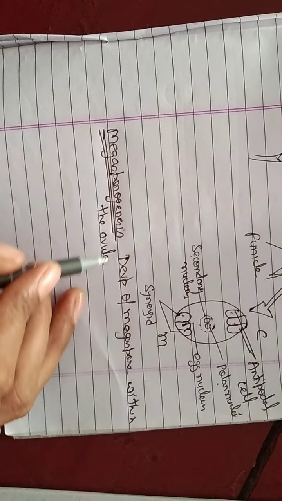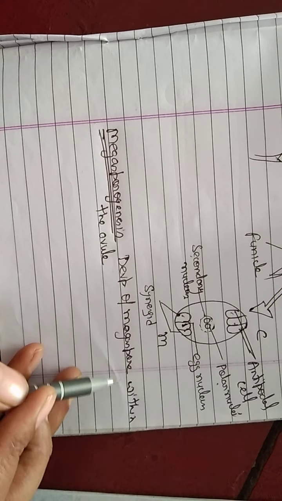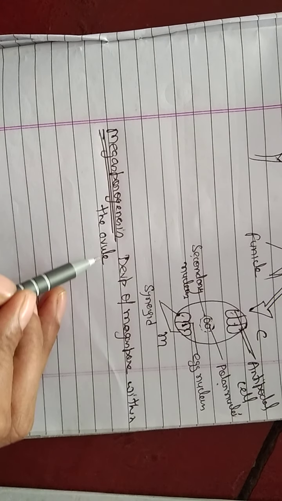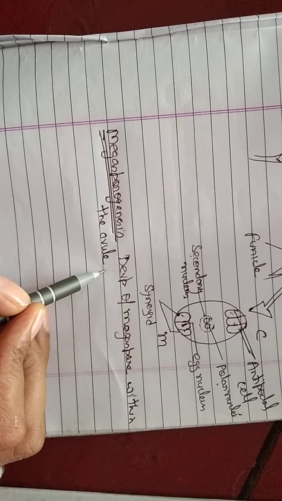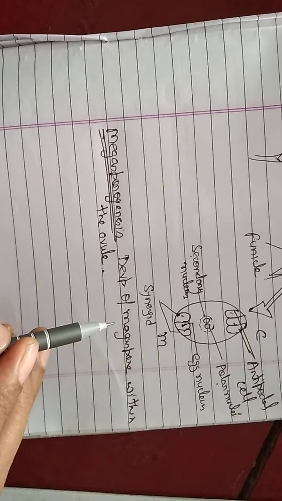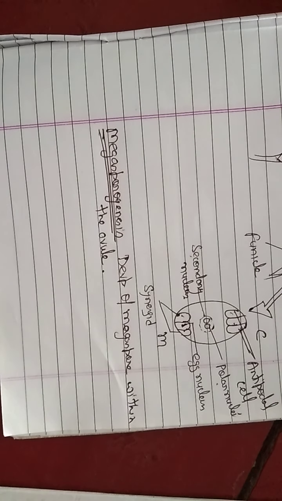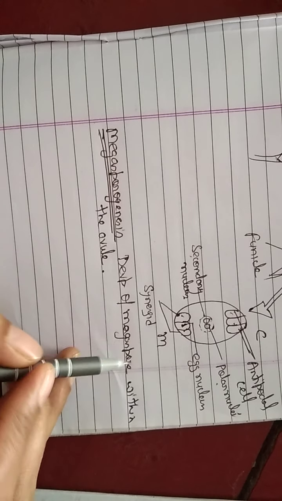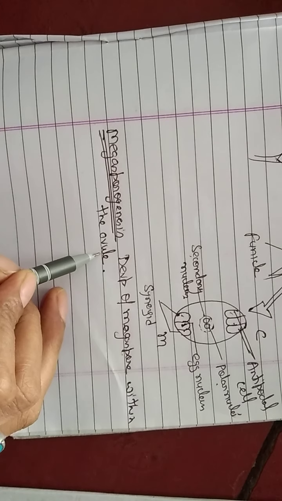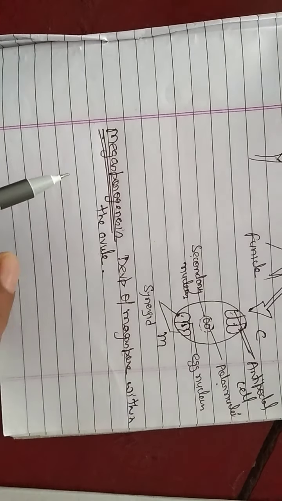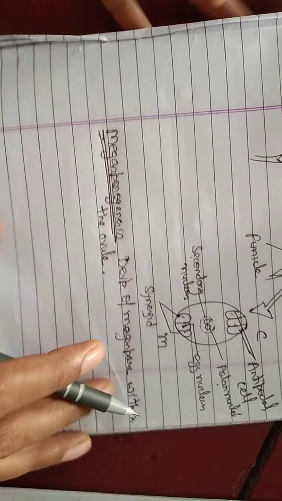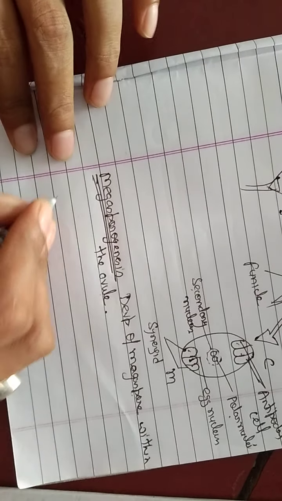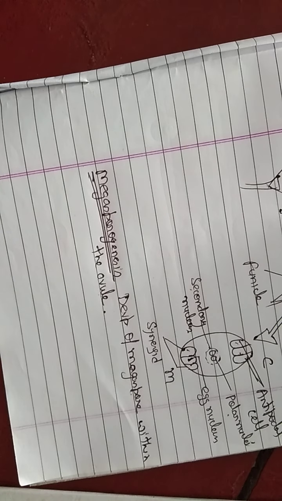So, megasporogenesis is simply the development of megaspore within the ovule. We can say, how does the megaspore develop inside the ovule? Let us take an example and see how it gets developed.